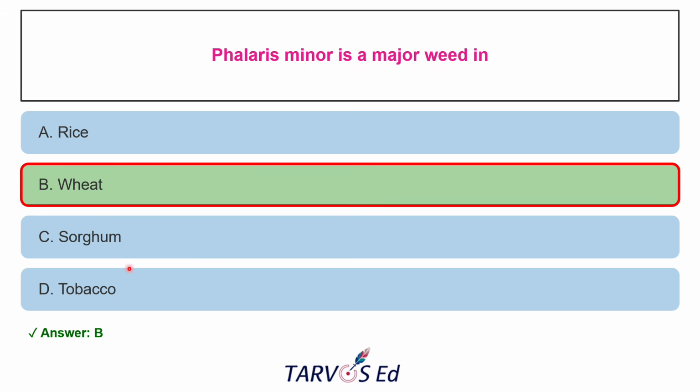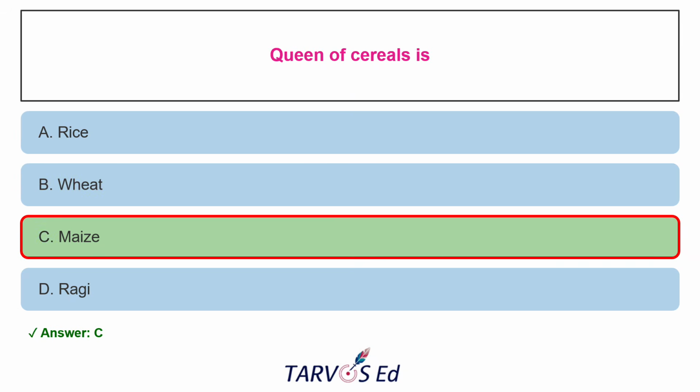And tobacco, here the weed is Orobanche or broomrape. That is total root parasite. Okay, and that is not having any relevance with the Phalaris minor. Understood? Yes.